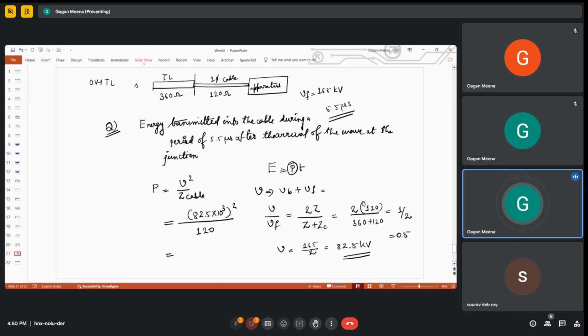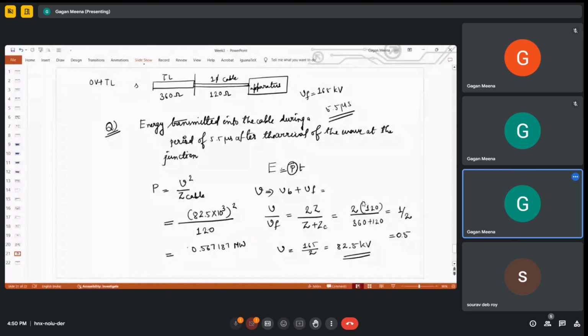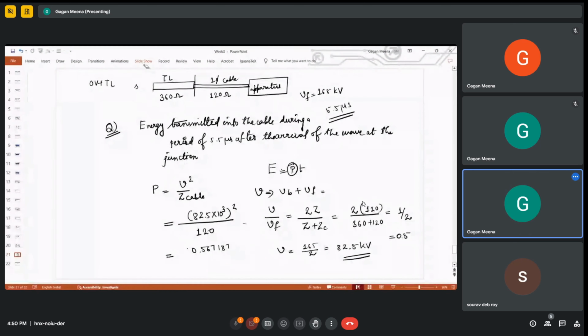This comes out to be 0.567 megawatt, into 10 to the minus 6.